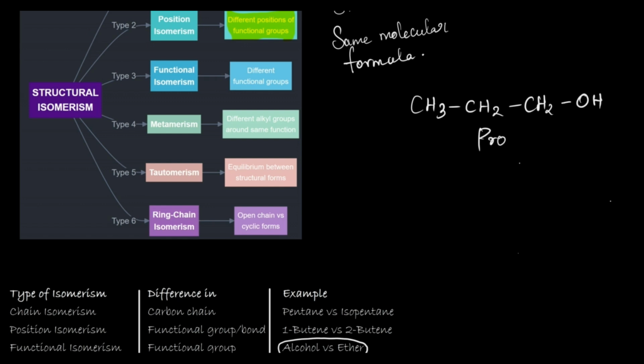This is propanol, right? Alcohol functional group. What is the molecular formula of this? Which is C3H8O, correct?